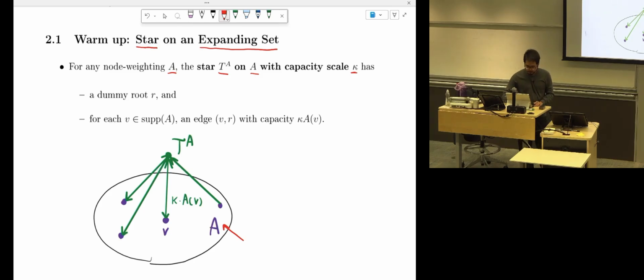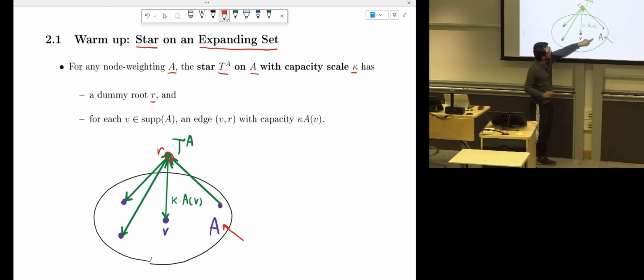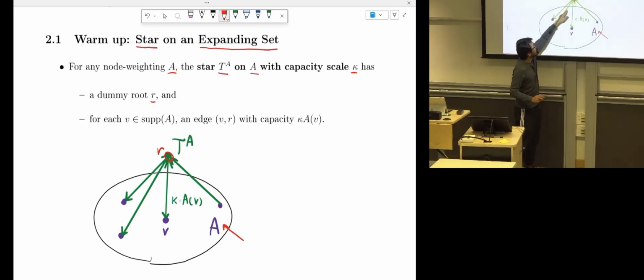I'm just going to first add one dummy node that's not original from the graph, just one new node, this root R. And then for every node in the support of A, we just connect it to the root.